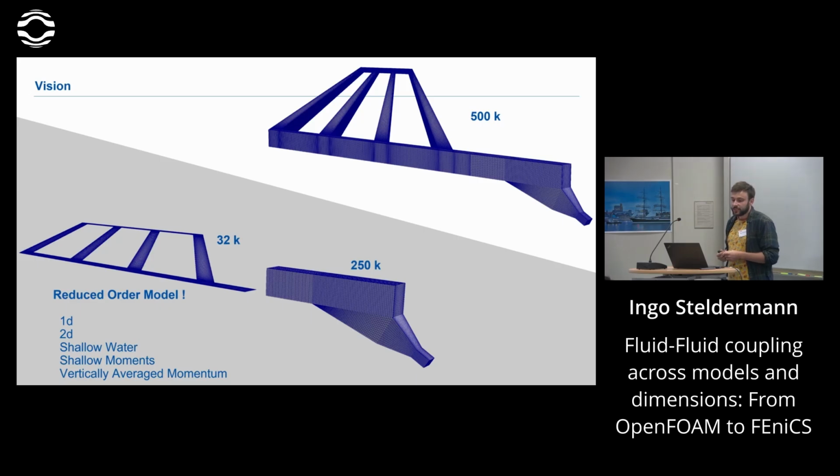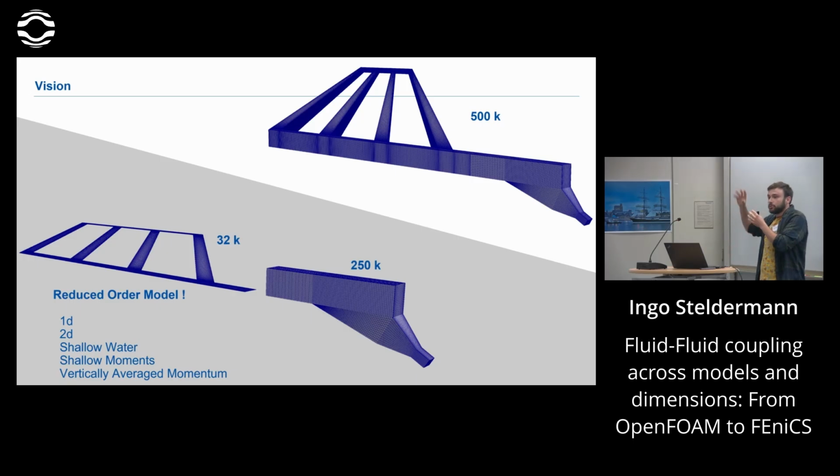And of course, I'm biased because my PhD work is about these reduced order models, right? It's not about coupling. This is only an afterthought, right? I'm coming from this bottom left corner here where people are in this field of using reduced order models. And if you're in this field, there's a zoo of models, right? If you have a water wave coming up the shore, shallow water isn't doing the trick anymore because the wave is breaking, right?